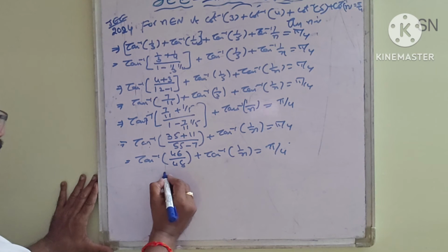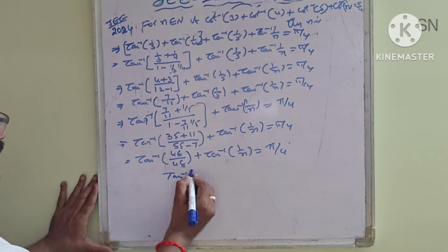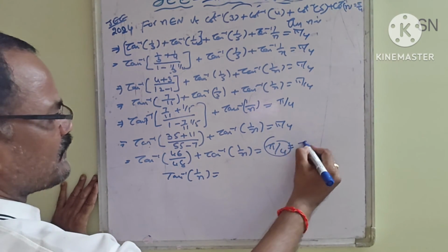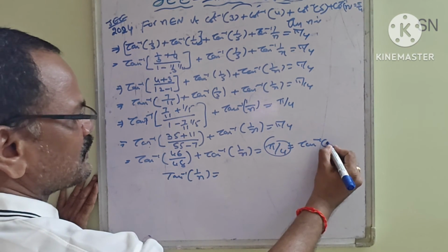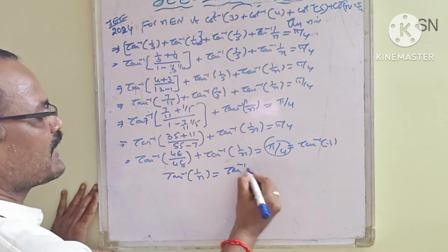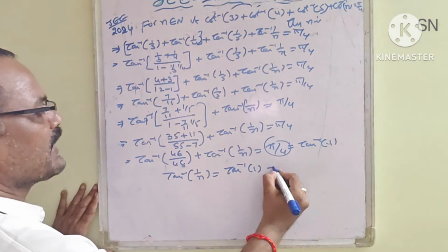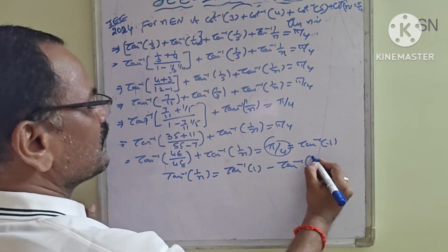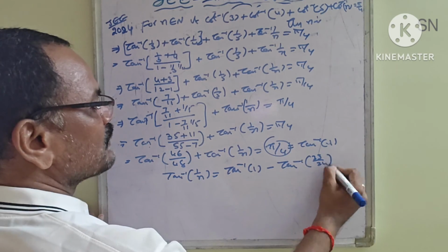Now here tan inverse of 1 by n is equal to, what is tan pi by 4? Here tan inverse of 1. So tan inverse of 1, this is the minus. So tan inverse of, so 2 table 23 by 24.